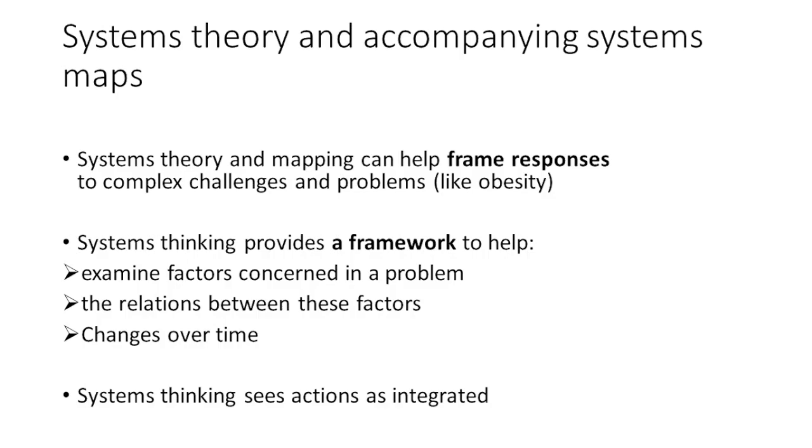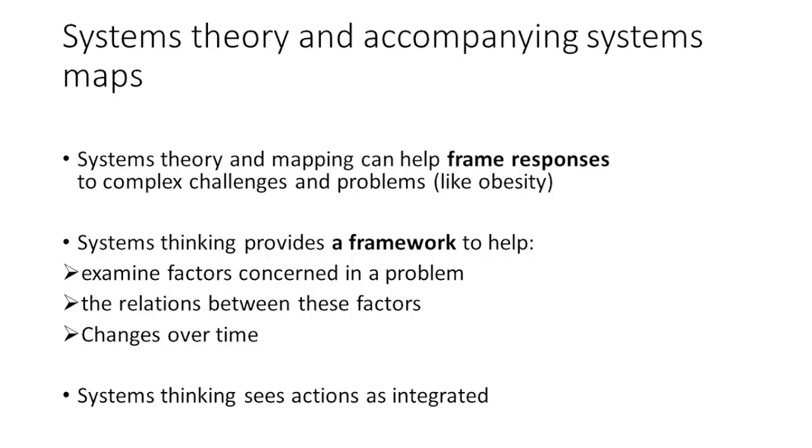It helps us identify and examine the relations between these factors and any changes made over time. But in addition, systems thinking also views actions as integrated across politics, culture, economics, and science.